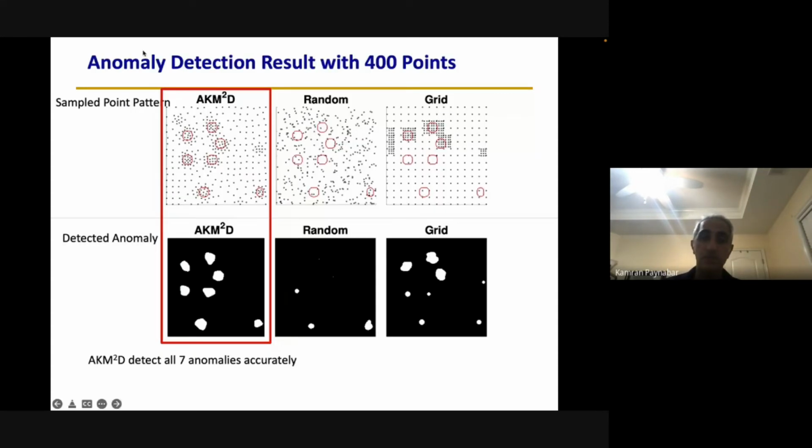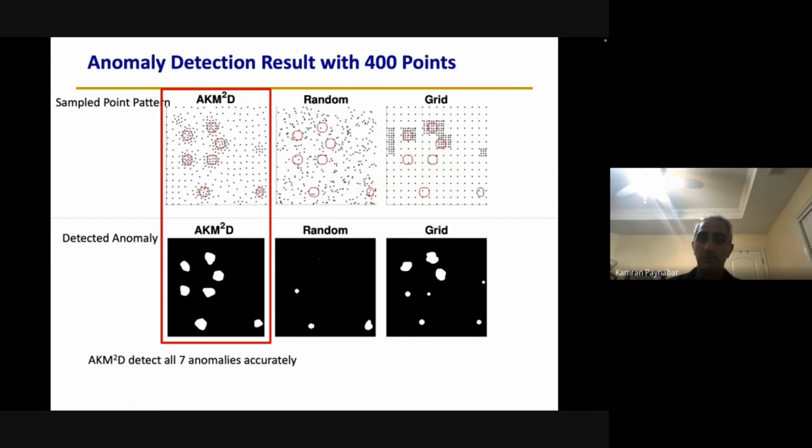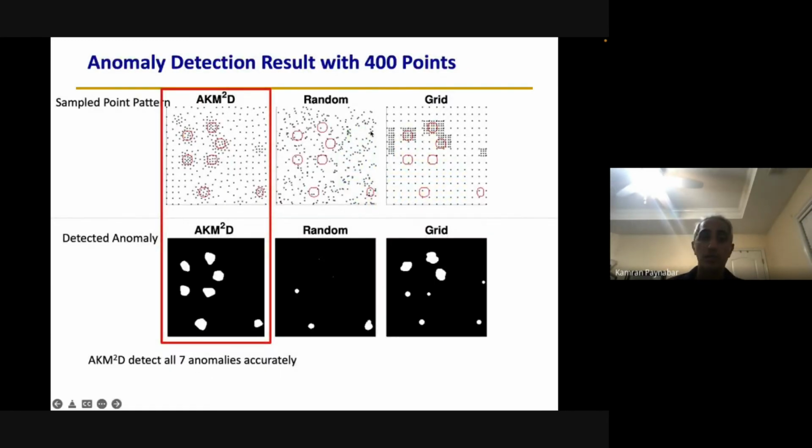And here are the results. This video was for 250, but we increased the samples because otherwise grid and random cannot compete at all. So we increased it to 400. As you can see, this is the performance of our algorithm. With 400, it can detect all the anomalies, and you can see the shapes are very close, okay?